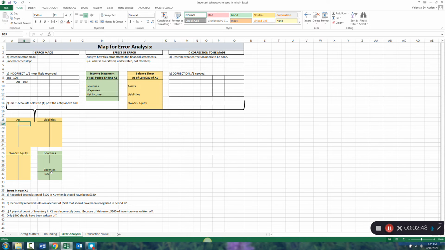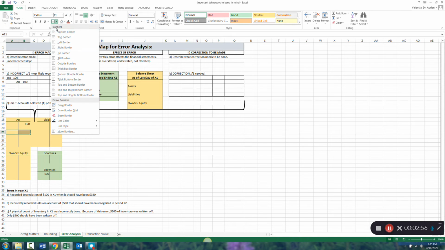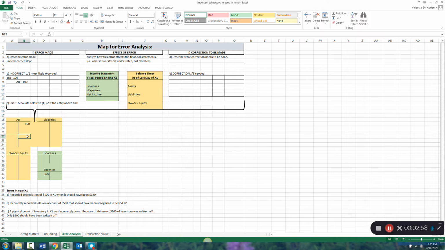And that we did for $100. Okay. So we're saying that really it should have been a balance of $350. Okay, and then when I go over here in the expenses area, that too should be a balance of $350, but we didn't do that. So this is where we would like it to be.